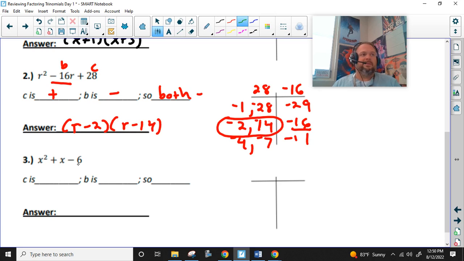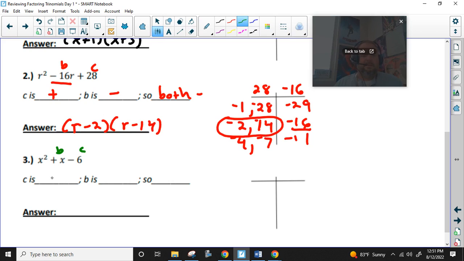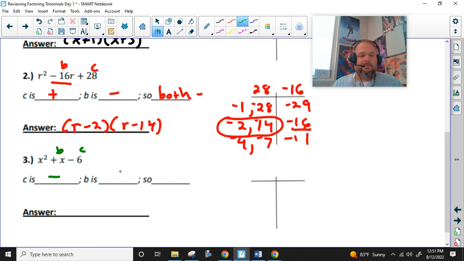All right. Number 3. What's our C term? Is it positive or negative? Negative. Our B term is positive. So big number positive. They're going to be different, so our bigger number has to be positive.